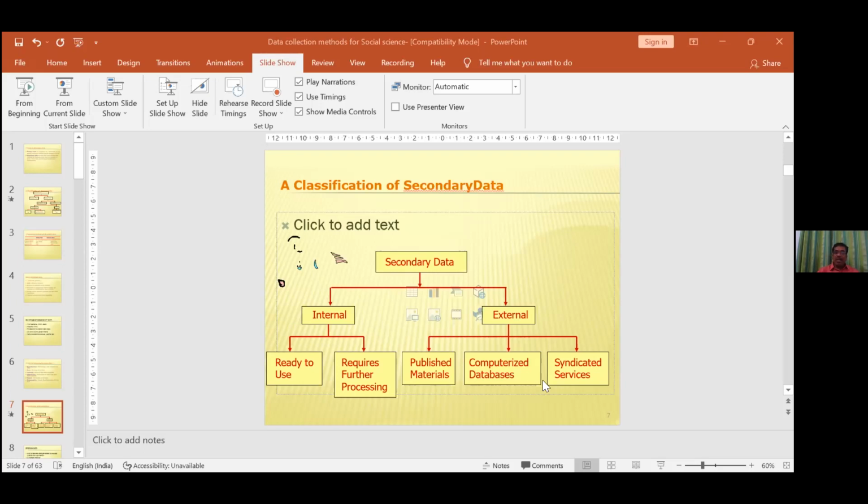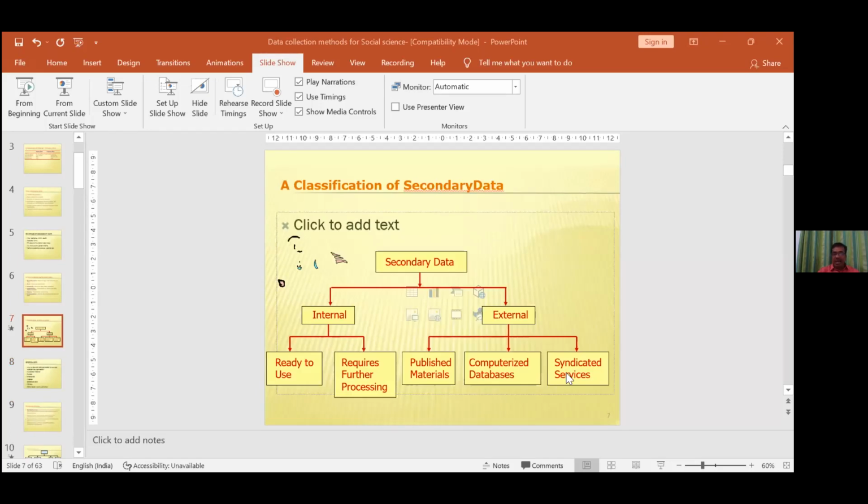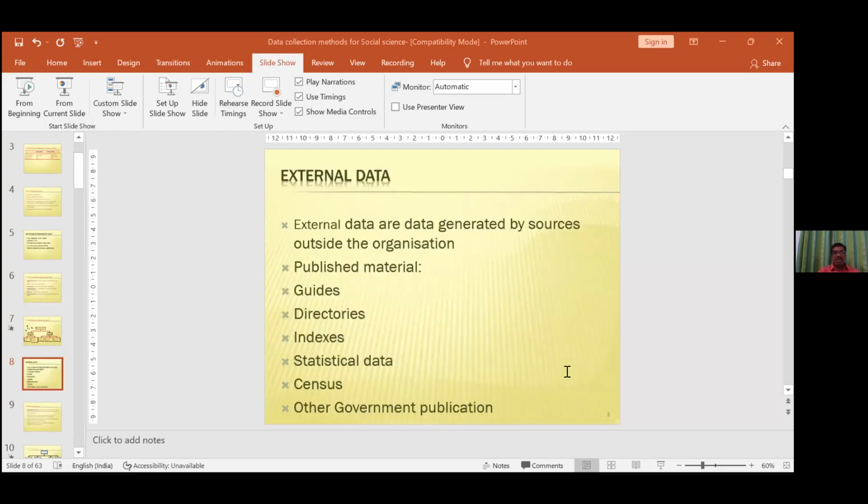Similarly, let's take syndicated services. What are syndicated services? I will explain what syndicated services are in the subsequent slide. These are the examples for external data. What is external data? External data are the data generated by sources outside the organization.